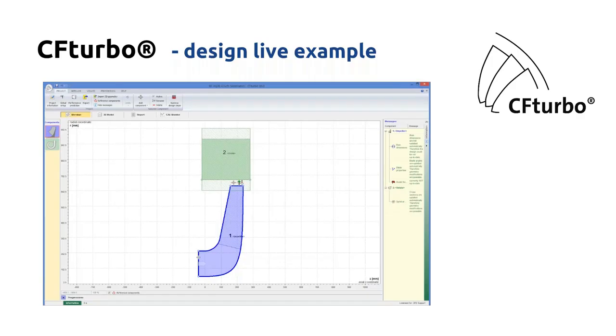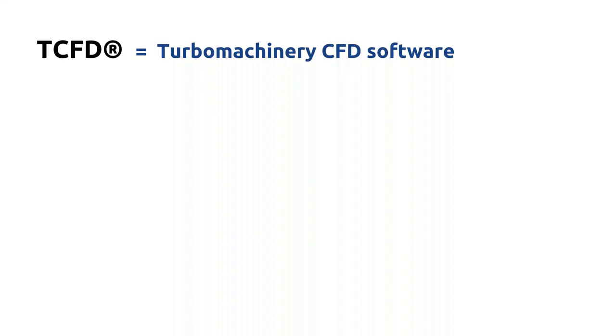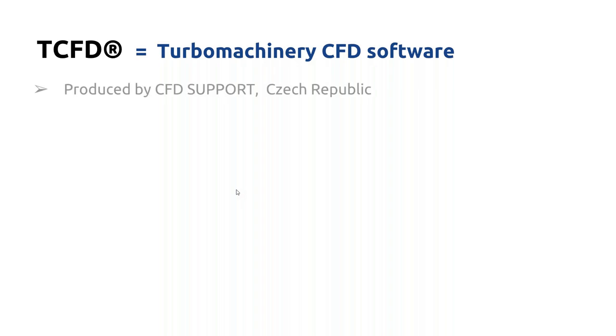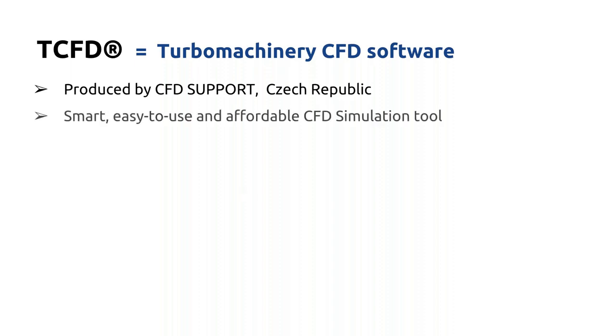So before we do that, please let me give a brief description of what is turbo machinery CFD, or TCFD. TCFD is a unique software developed by Czech company CFD Support. TCFD is a smart, easy to use and affordable CFD software.